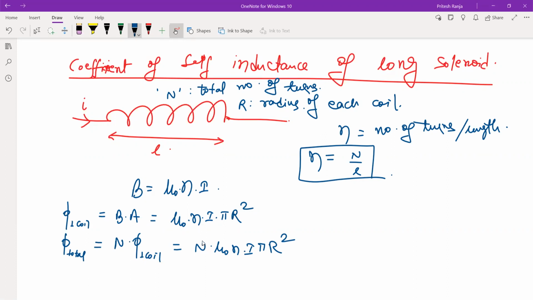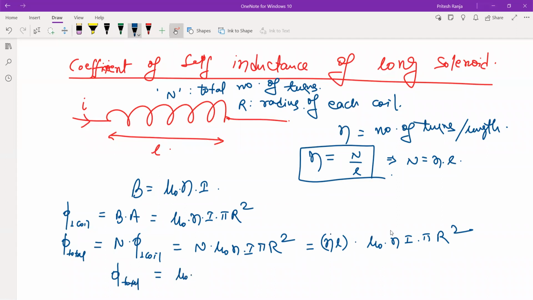Okay, this capital N, one can write it as small n into L. So this gives us the total flux as small n into L mu naught into n into I into pi r square. तो यहां से टोटल फ्लक्स क्या निकला? Let us condense this. So phi total will be mu naught, 2 बार n है, so n square L into I into pi r square, right?